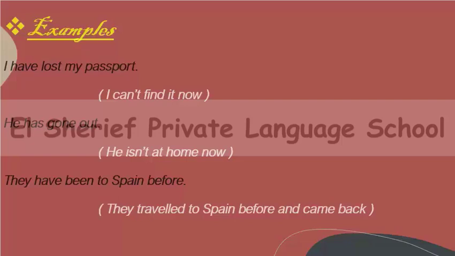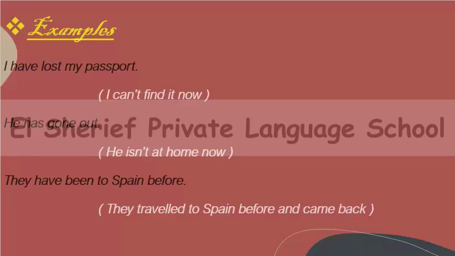Number 2, he has gone out. So this means that he isn't at home now. Number 3, they have been to Spain before. This means that they traveled to Spain before and came back.